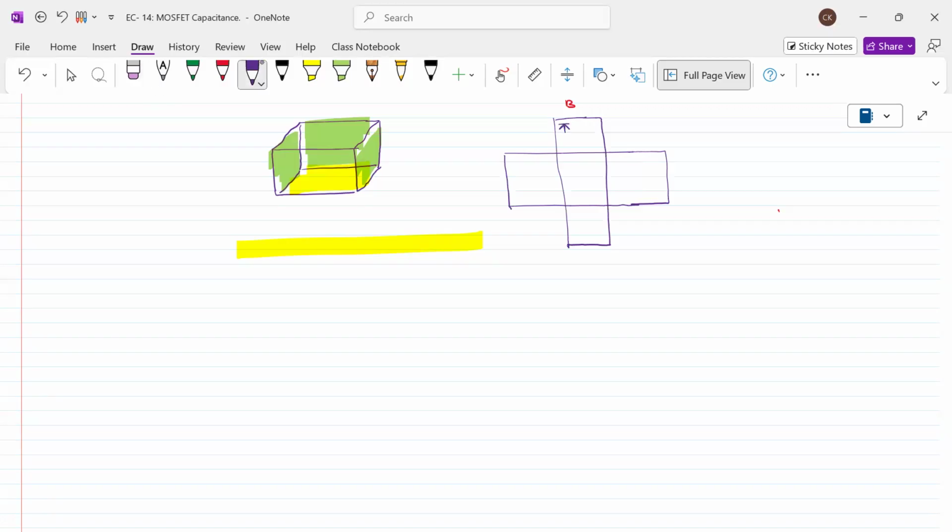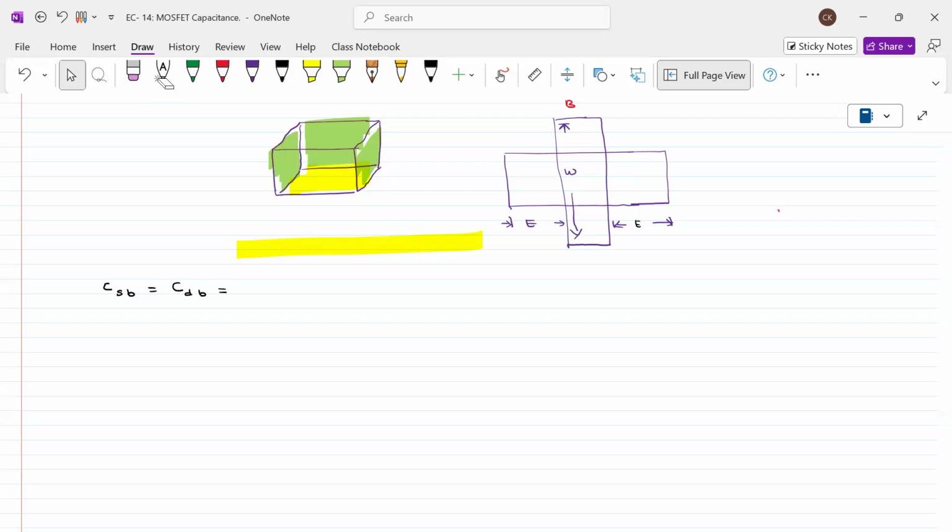This is the width W, and this extension is called E, and this extension is E. So when we talk about the bottom capacitance, this is C source to body or C drain to body. Both are the same.